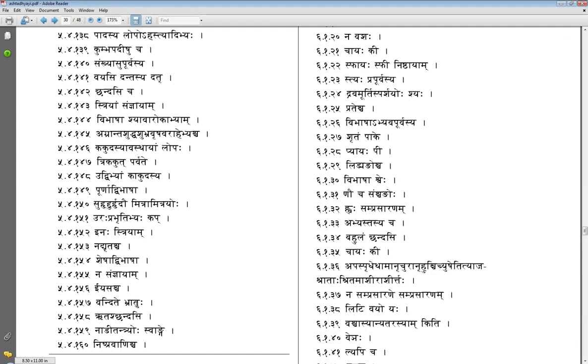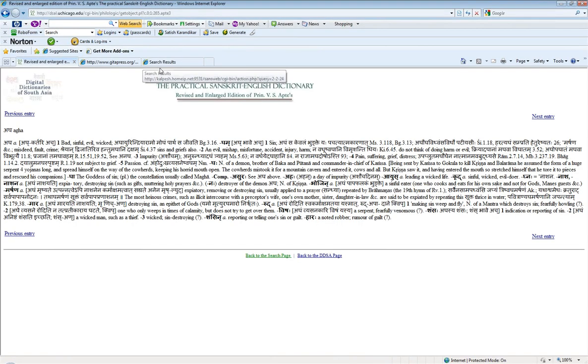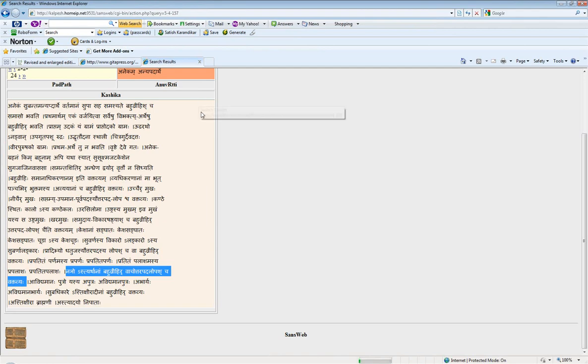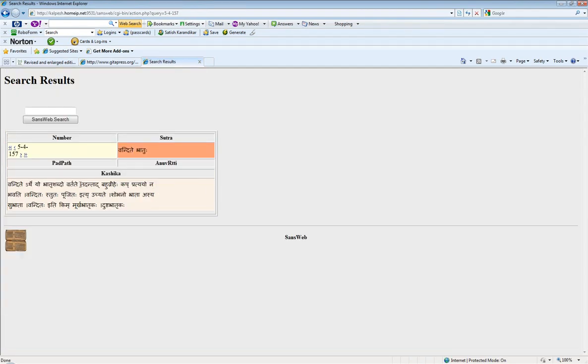That one is 5.4.157, Vandite bhratuho, iti nishedhat. Let's go to our Ashtadhyayi for a section. 5.4.157. See what it is. In fact, Kashika gives this example. Vandite arthe yo bhratru shabdaha: it should be a brother who is respected.